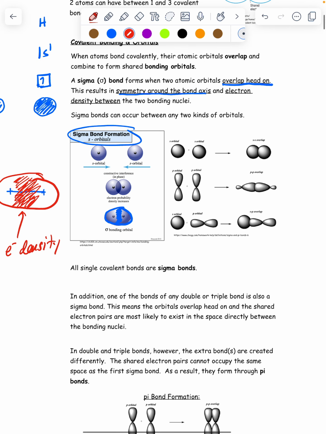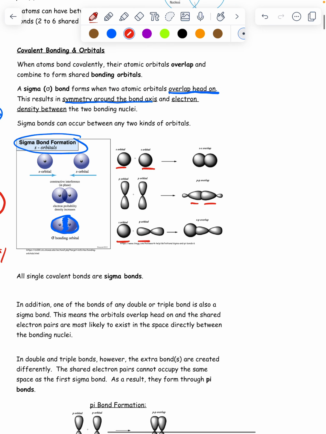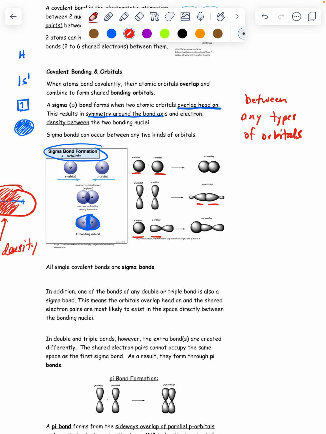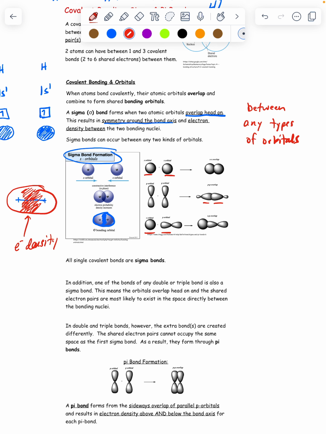Sigma bonds can happen between s orbitals with other s orbitals. They can happen if p orbitals were to overlap this way head on, so the two ends of the p orbitals are directly overlapping. They can happen between s and p orbitals. So sigma bonds can happen between any kind of orbital. Because otherwise you might get the misunderstanding that sigma is only between s, because that's sort of the first example that we use, but actually sigma bonds can happen between any kinds of orbitals.